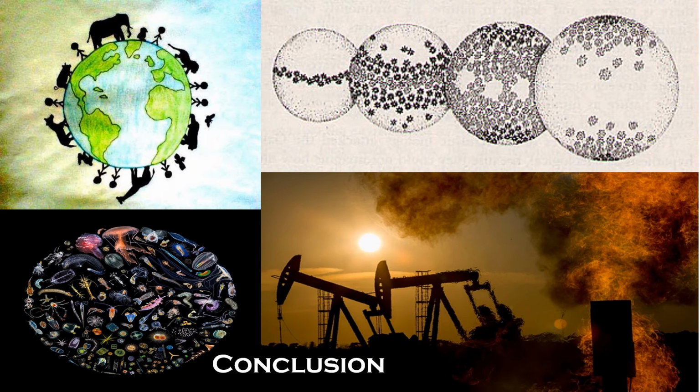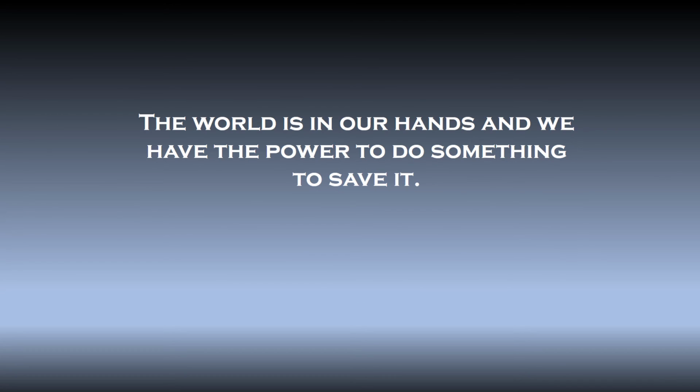We have also seen how humans are contributing greatly to global warming. A solution to this could be if we were to find a system where we can use less and less fossil fuels, or find a way to safely burn fossil fuels without the consequences being completely bad for our planet. The world is in our hands, and we have the power to do something to save it.